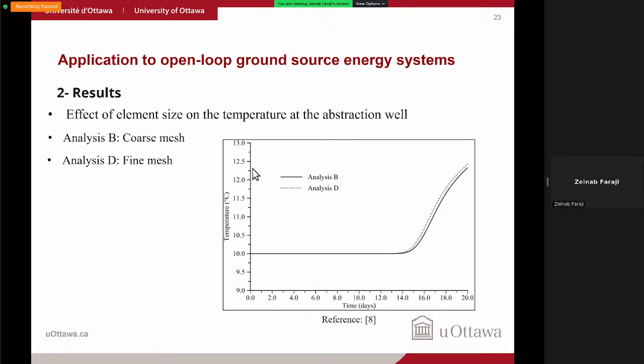So whether it is a coarse mesh or a fine mesh, if we have linear elements, it impacts the result, but for quadratic elements it is not going to make a big difference in the results.